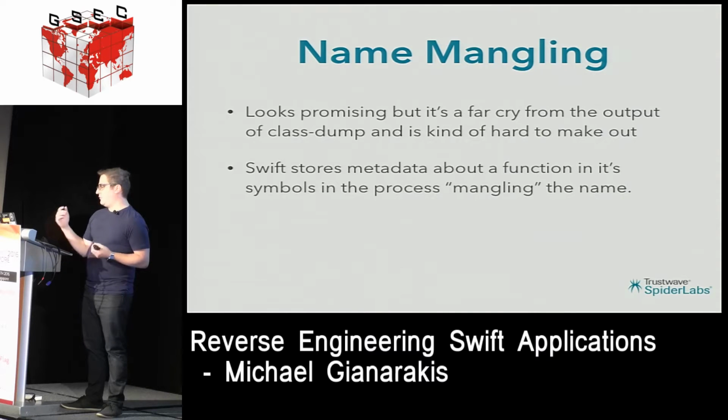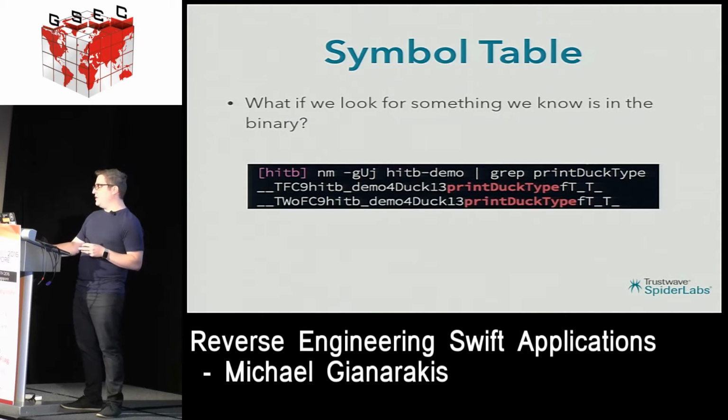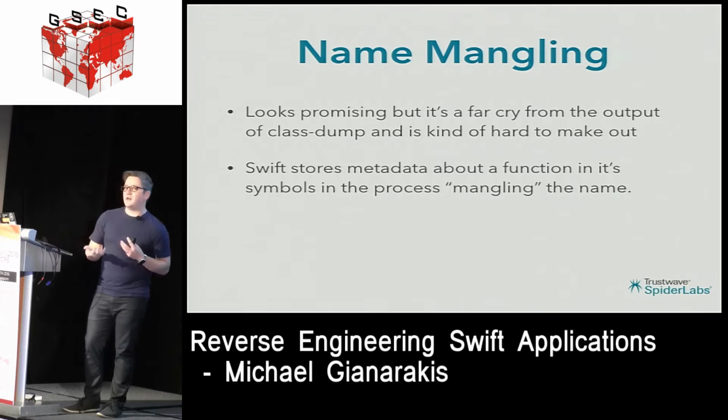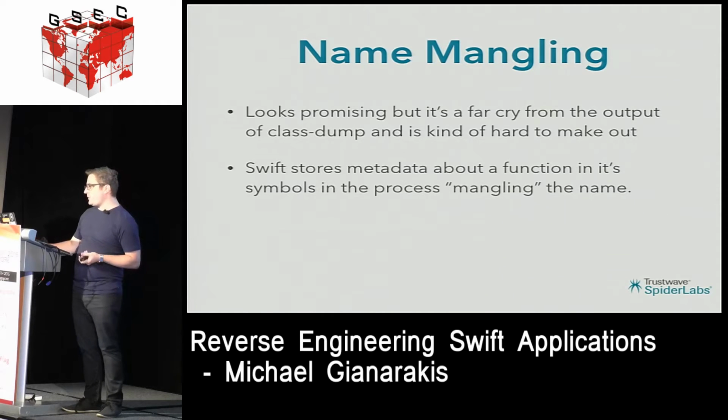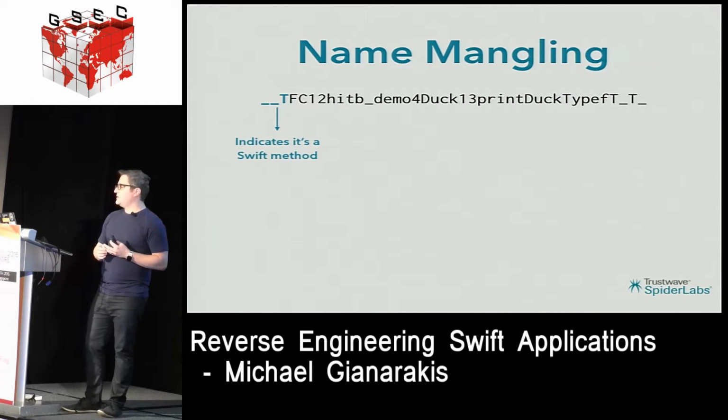So the reason it looks a bit odd is that Swift stores metadata about a function and its symbols, and it sort of mangles the name by adding all this metadata. So if we deconstruct the mangled name a little bit, the first element, the __t, indicates that it's a Swift method.